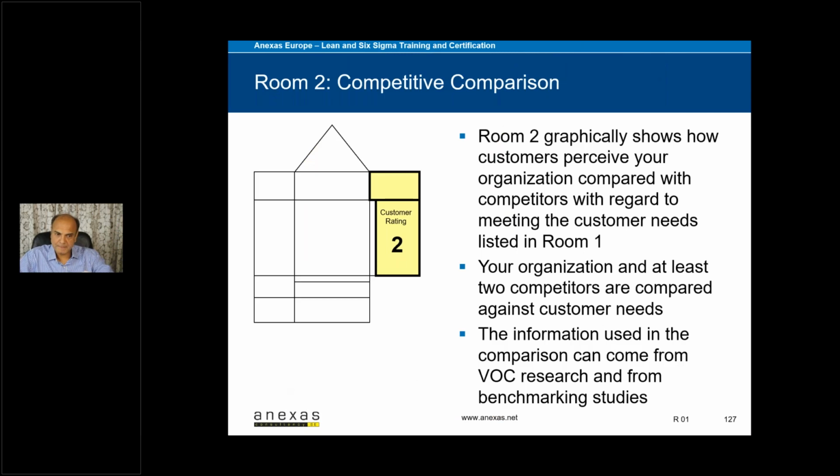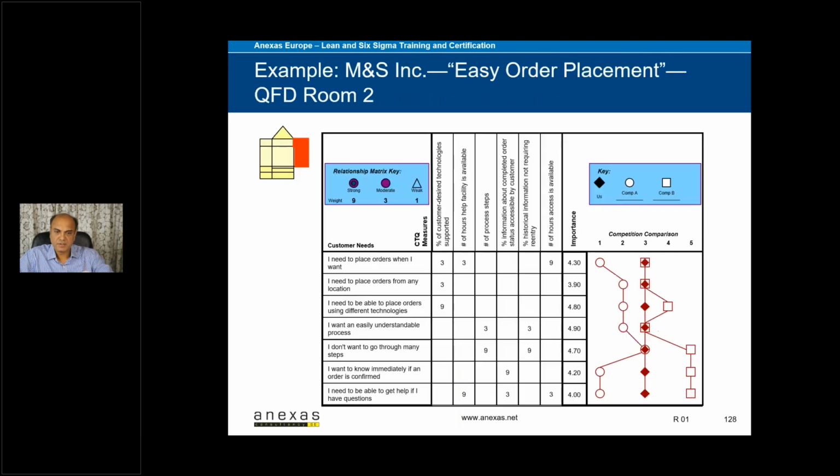Room number 2 can describe how the customers perceive your organization as compared to the competitors. So you can compare your organization with at least 2 competitors, like the way we have done here.